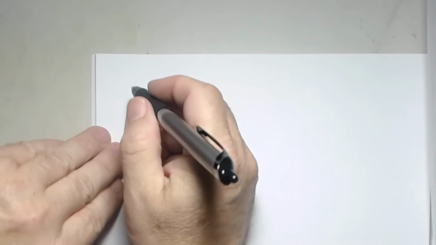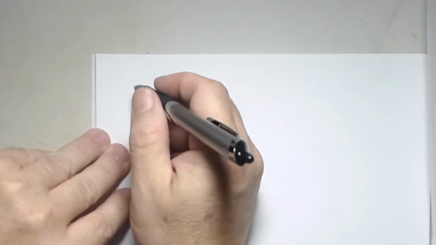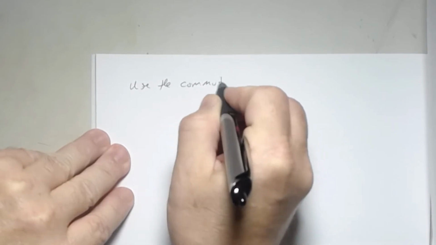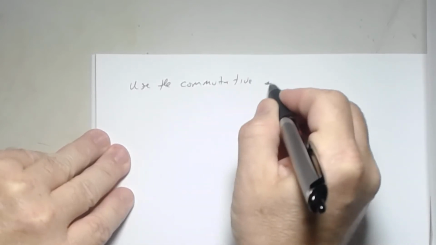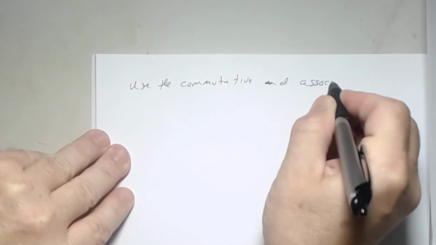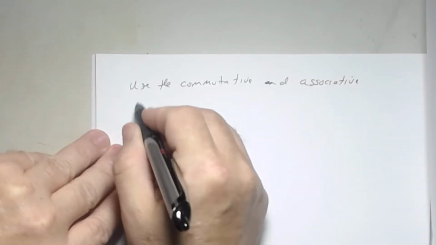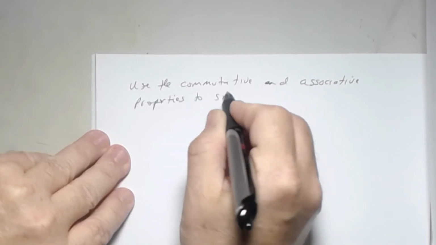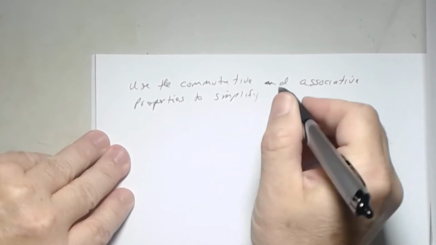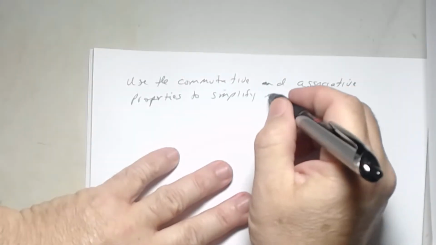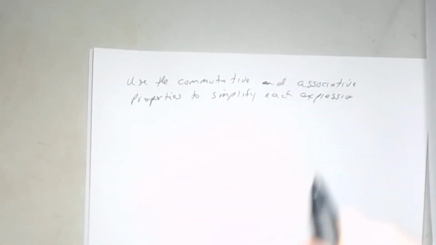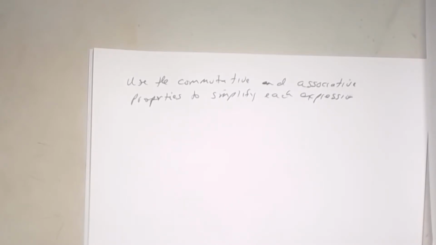The directions say: use the commutative and associative properties to simplify each expression.